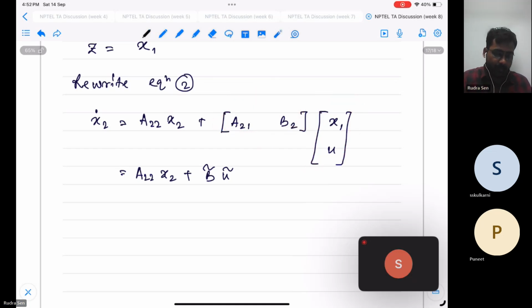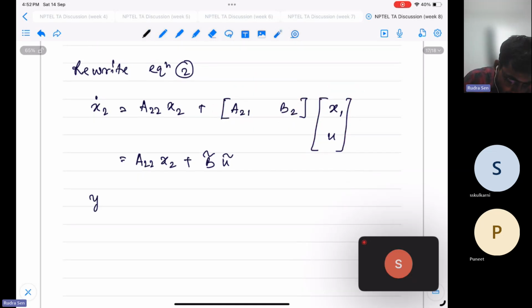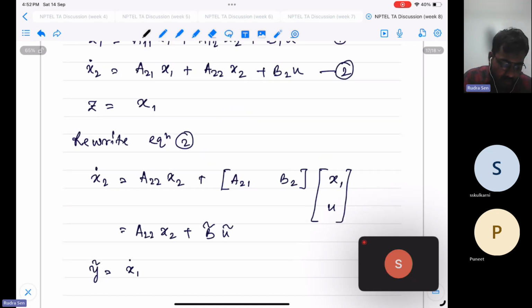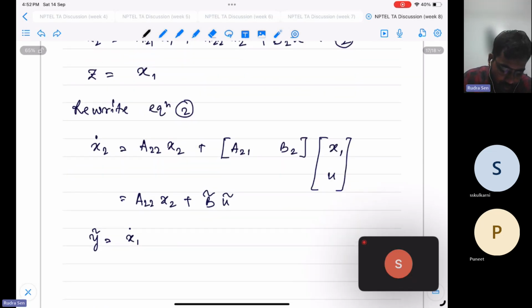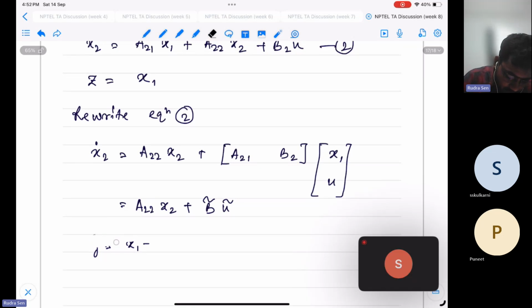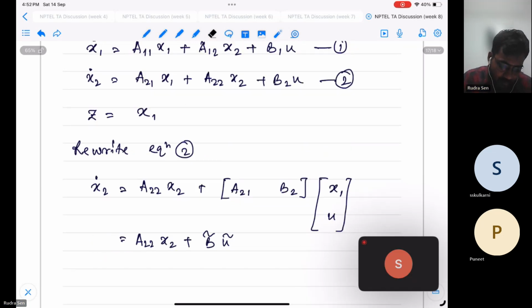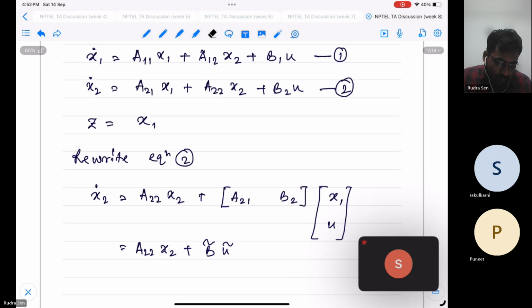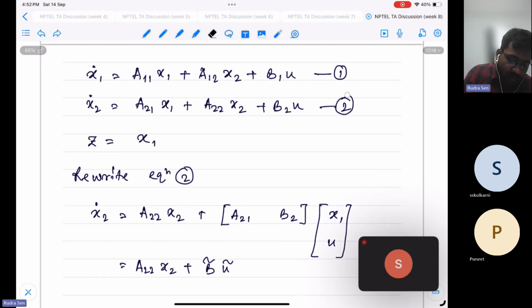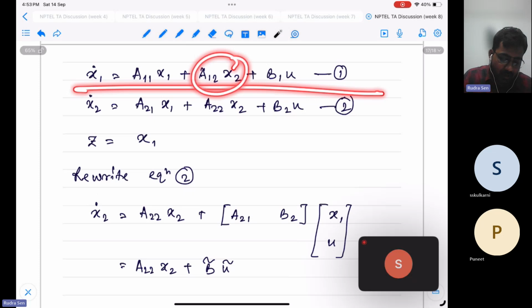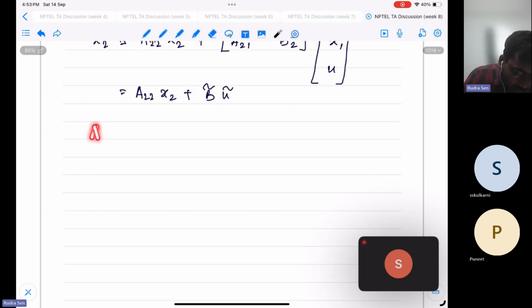Now, in equation 1, we don't know the x2 term, so we put this term aside.